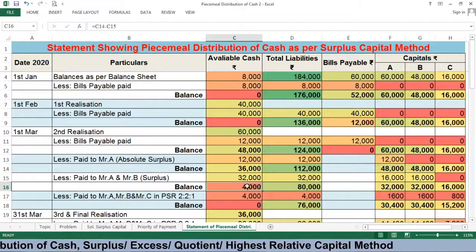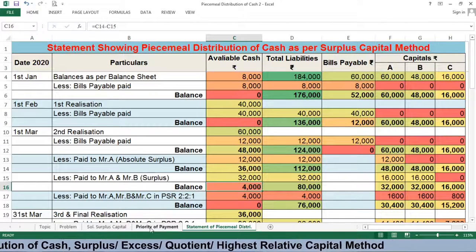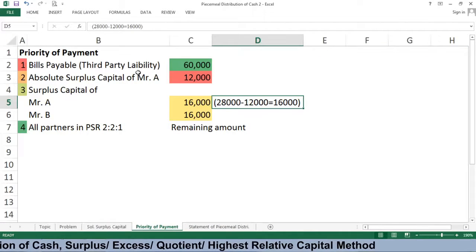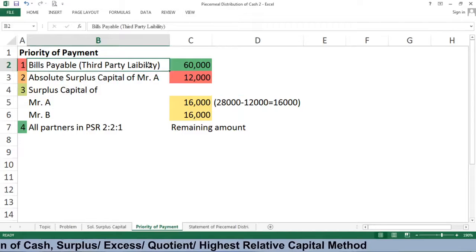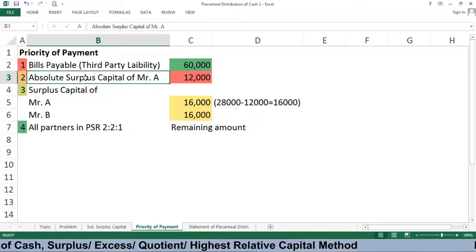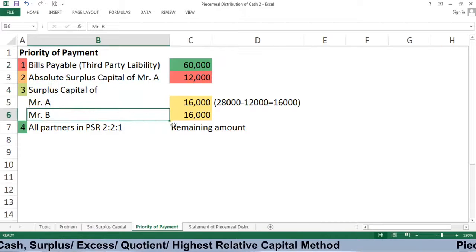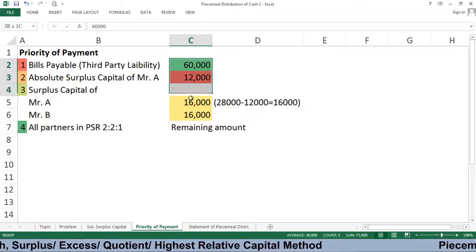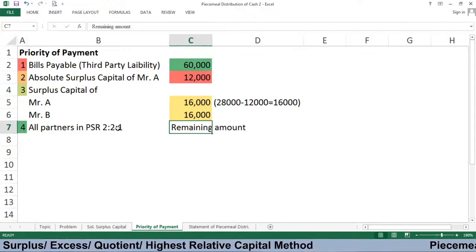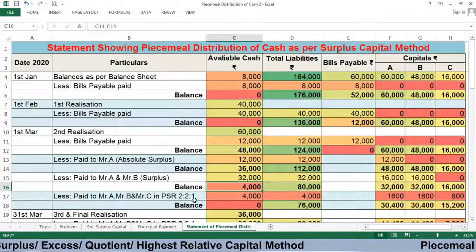Now the third step of priority of payment. Already we have paid third party liability, bills payable, absolute surplus of Mr. A 12,000, surplus of Mr. A and B 16,000, 16,000, and after the payment of all these liabilities, we can pay the remaining amount to all partners in profit sharing ratio.